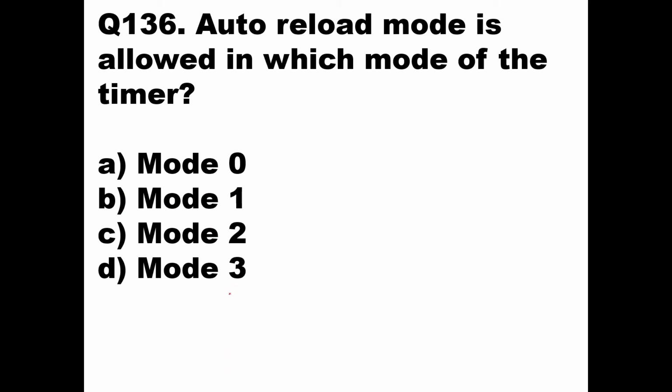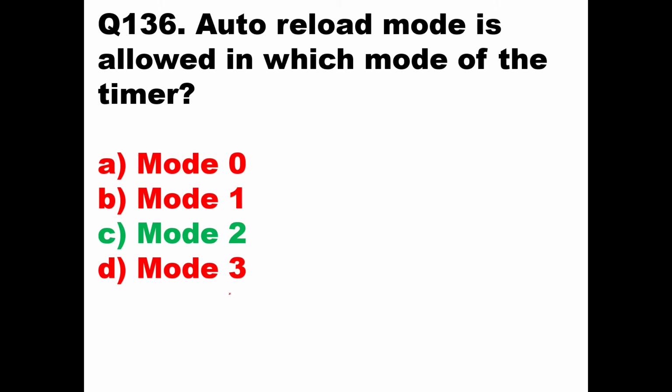Question number 136. Auto reload is allowed in which mode of the timer? Obviously we know that once the count is over, the count will be automatically reloaded in mode 2 of the timer. So here the option should be C, mode 2 of the timer, which is auto reload.